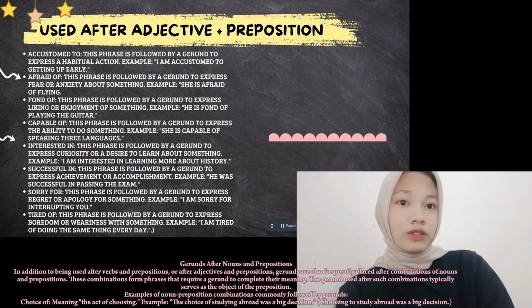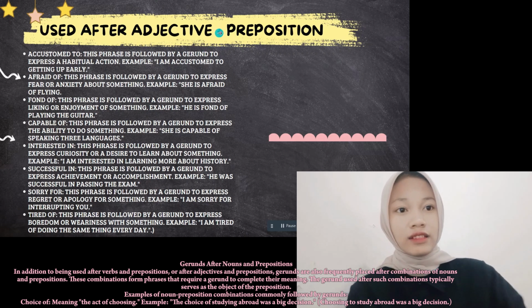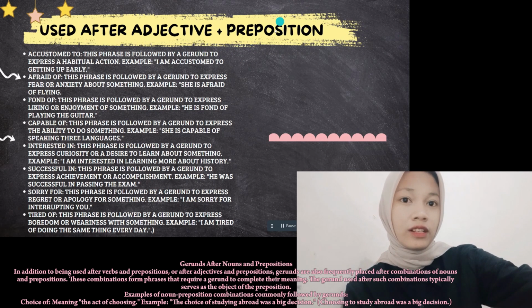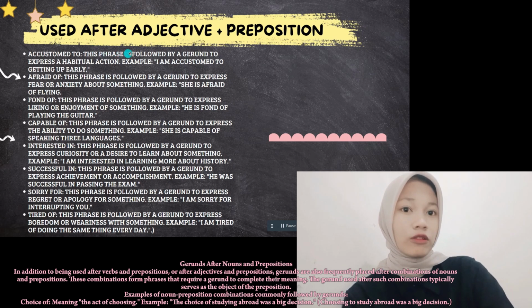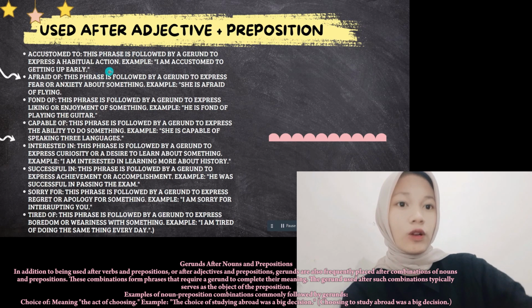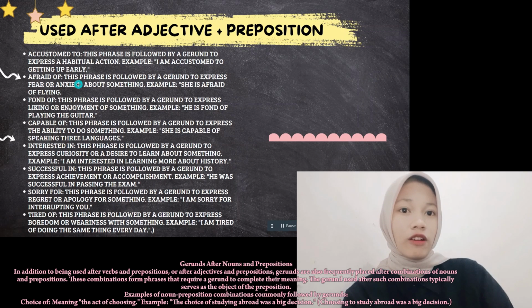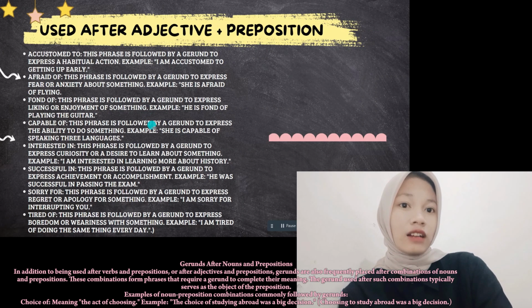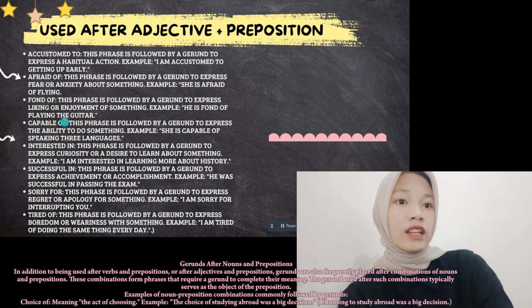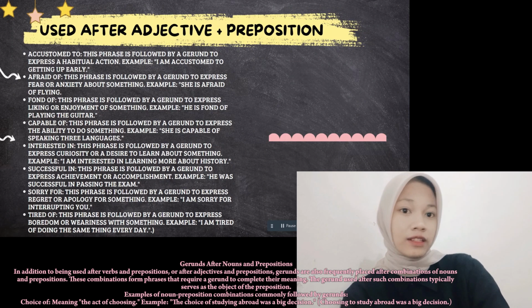The gerund used after such a combination typically serves as the object of the preposition. Example of a noun-preposition combination commonly followed by a gerund: choice of, meaning the act of choosing. Example: the choice of studying abroad was a big decision. Choosing to study abroad was a big decision.